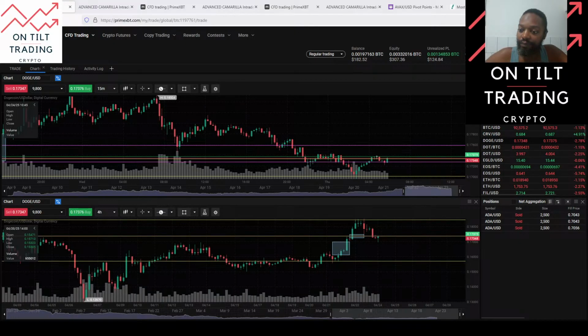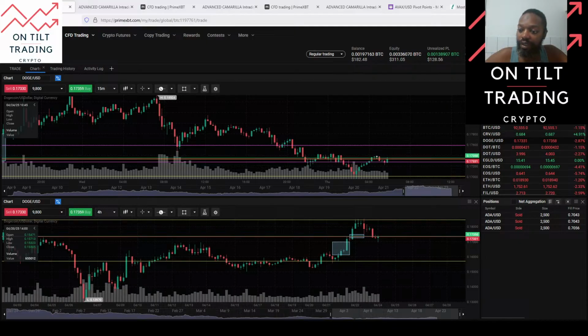And then if we come up to the 15-minute, as I was discussing earlier, this S4 Camarilla pivot triggers a potential short here. We can see this morning the price action has sold below the S4 level and now has pulled back.